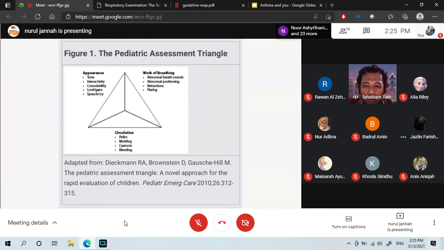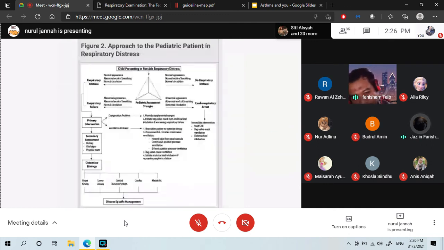But how do you universally or collectively make the decision to determine whether it is mild, moderate, or severe? How are you going to do it? Yes, go to the next slide. Okay, sure. Next slide again.